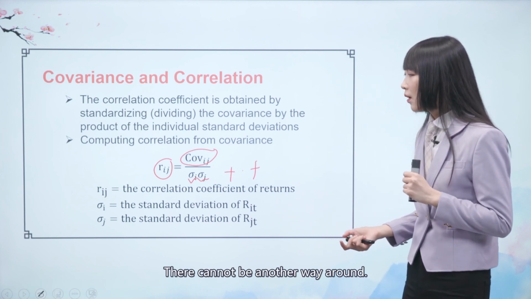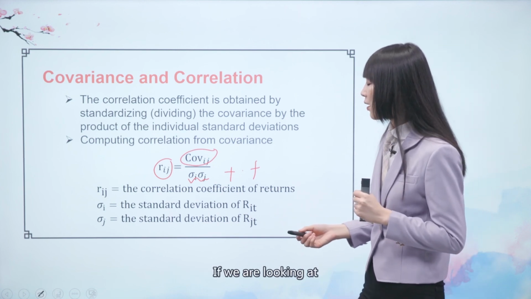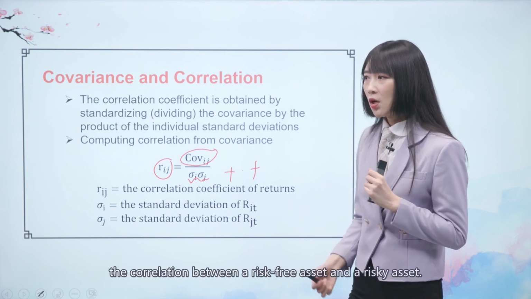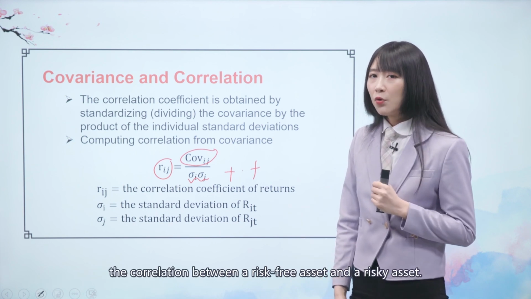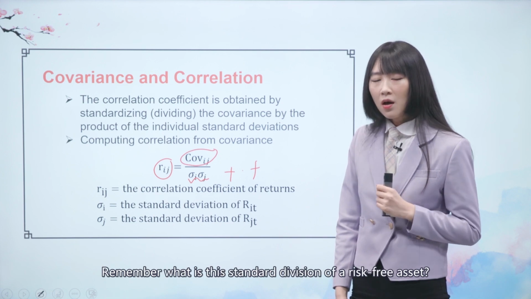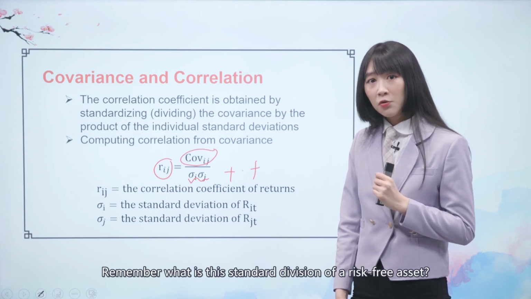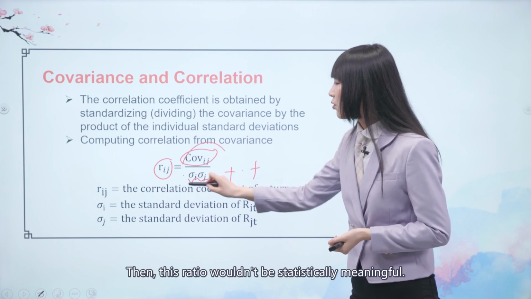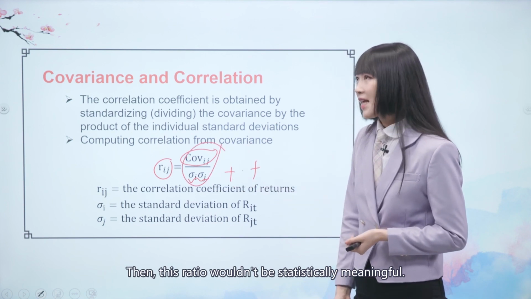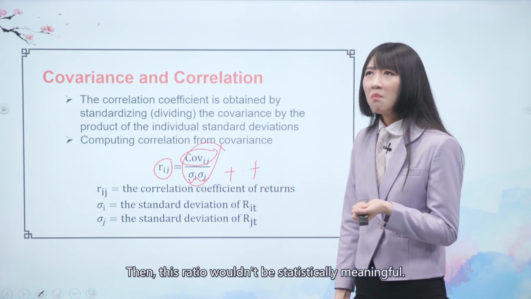Now, let's say we are looking at the correlation between a risk-free asset and a risky asset. Remember, what is the standard deviation of a risk-free asset? It's 0, right? Then this ratio wouldn't be statistically meaningful.